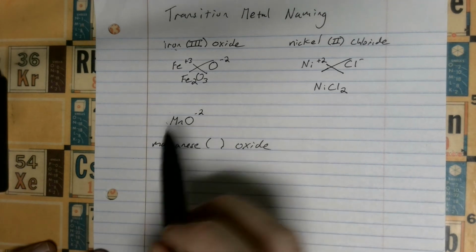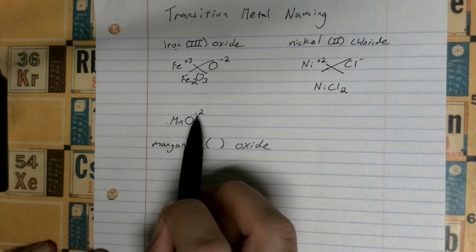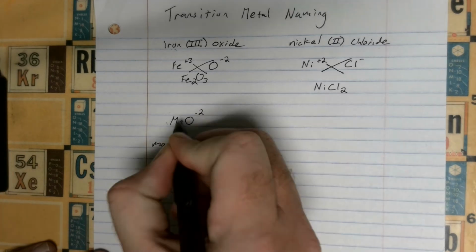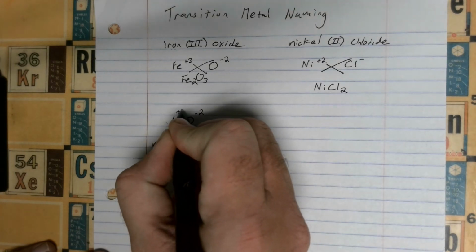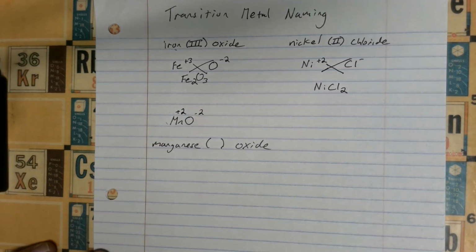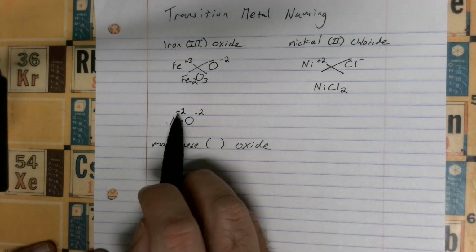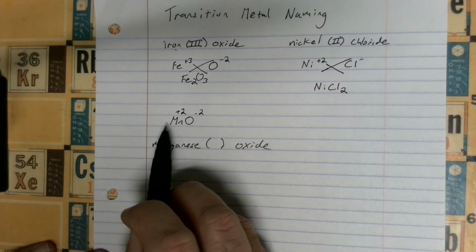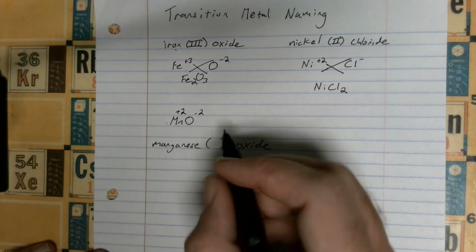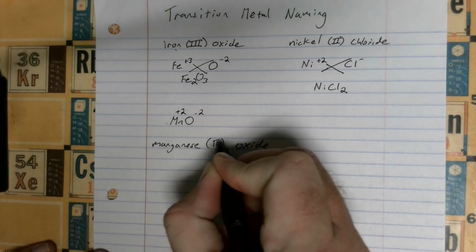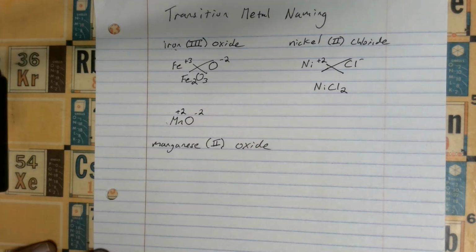So if I only have one Mn and the oxygen is -2, that must mean I need the manganese to be +2 to balance it out. Then when I add these together, +2 -2, it gives me a neutral compound. So therefore, manganese 2 oxide is my name for that compound.